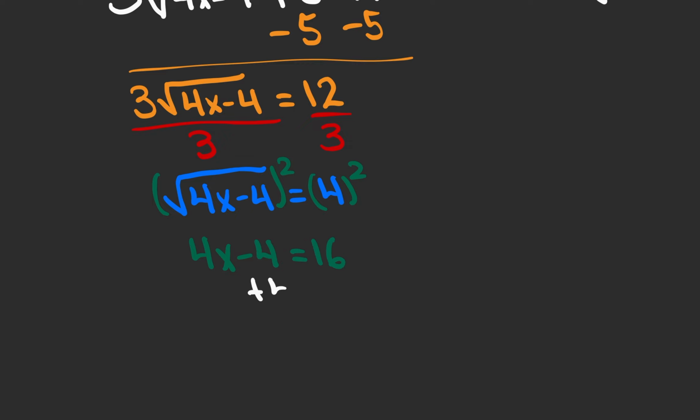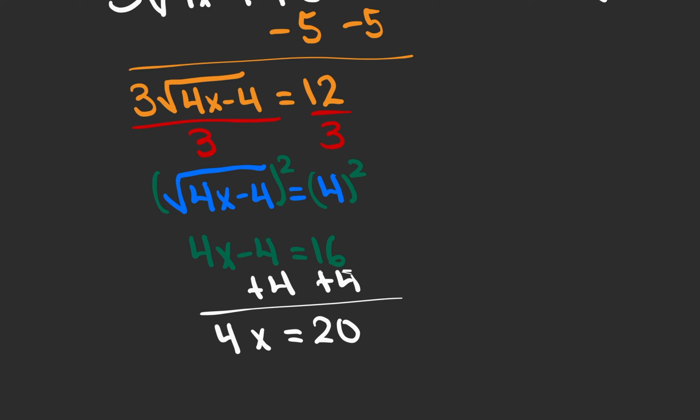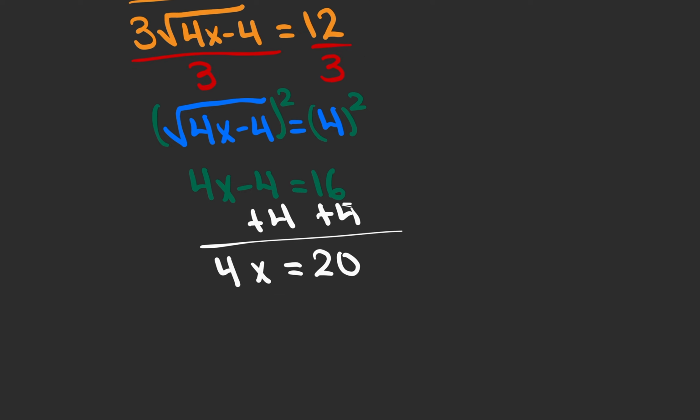I then add 4 to both sides, and this will leave me with 4x is equal to positive 20. Then I will divide both sides by 4, and this will leave me with a final solution of x is equal to positive 5.